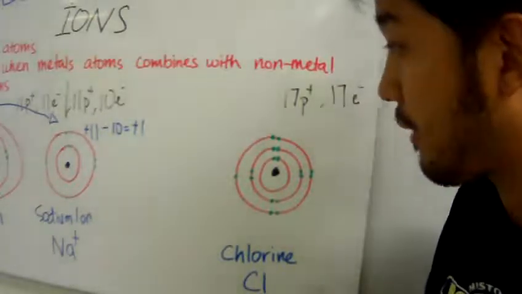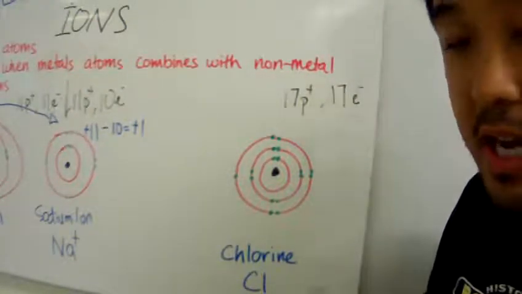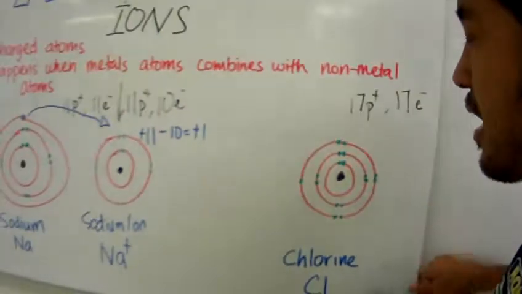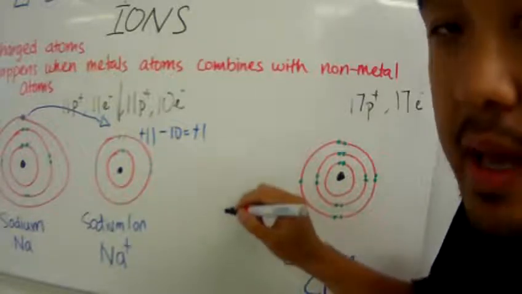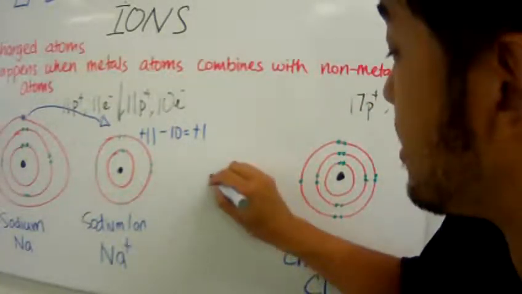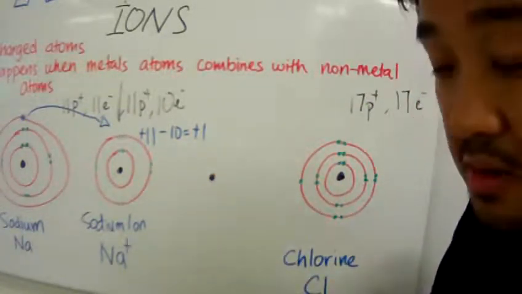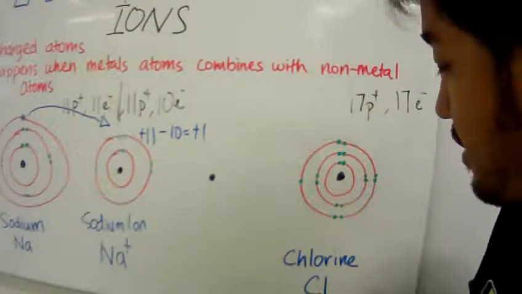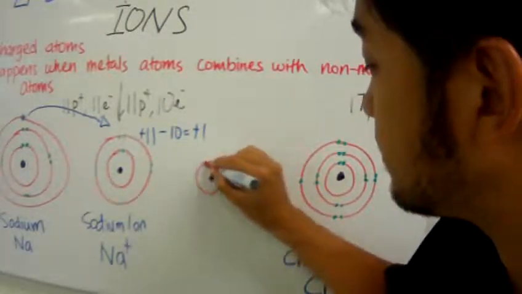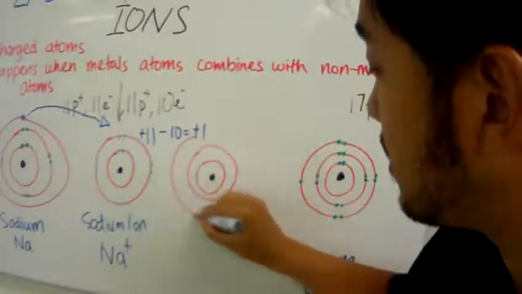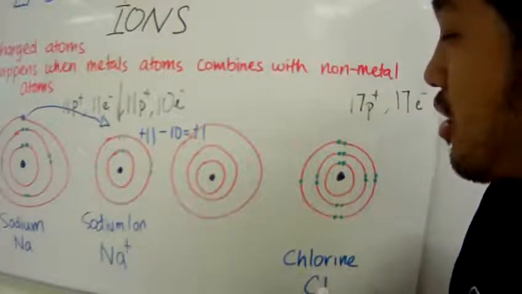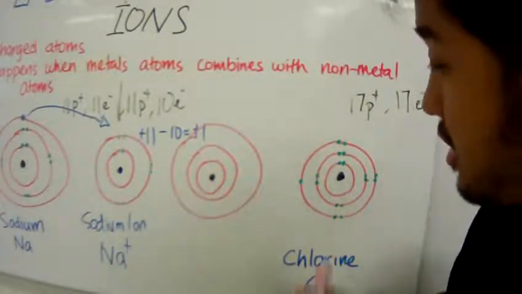Now, on the other hand, when chlorine comes close to the sodium atom, it is going to receive that electron.